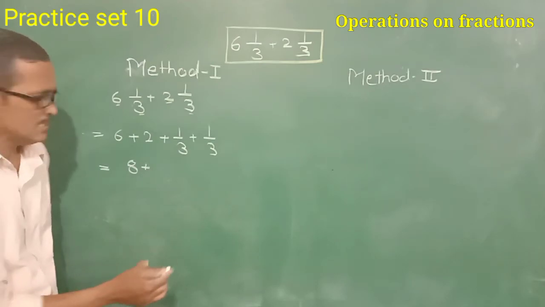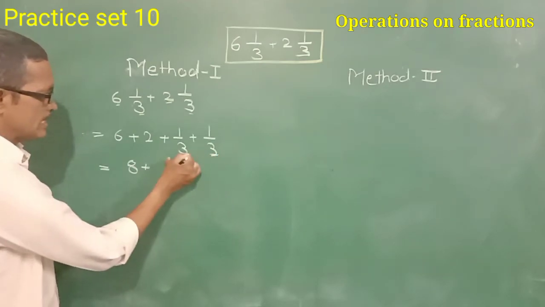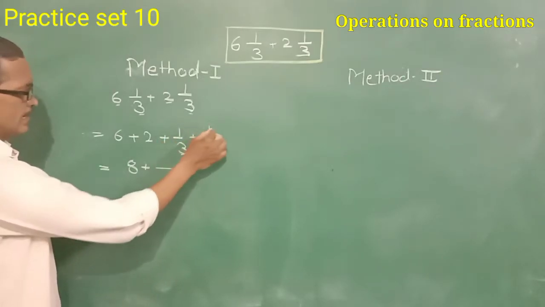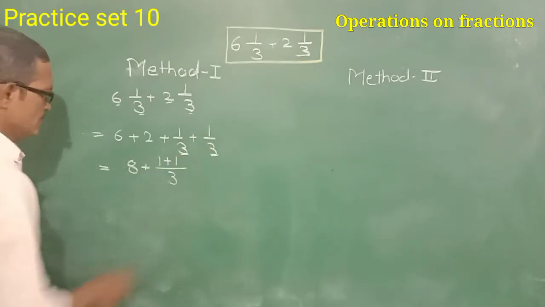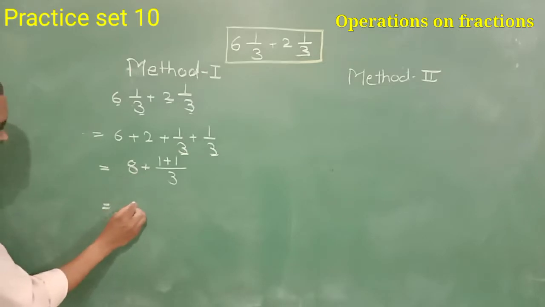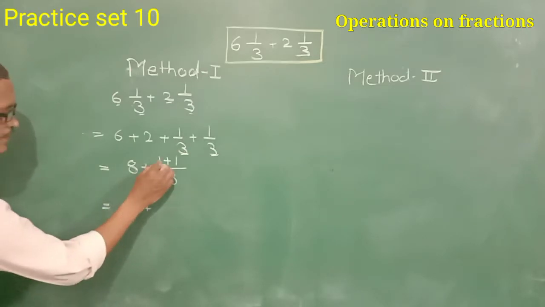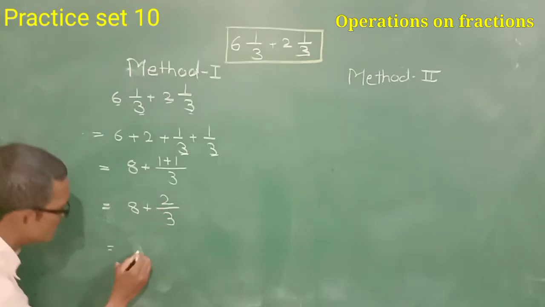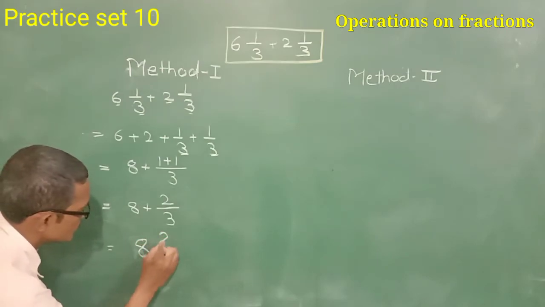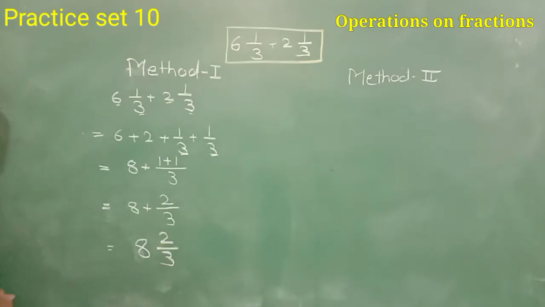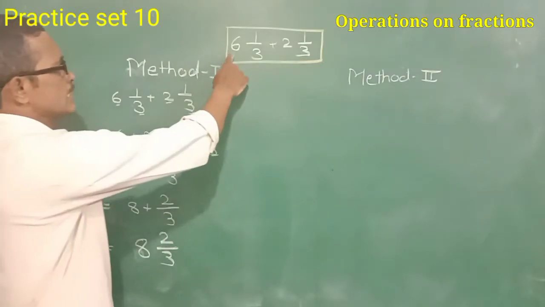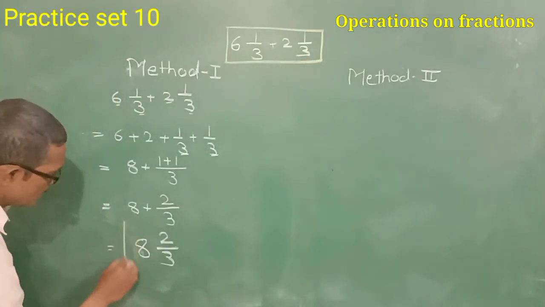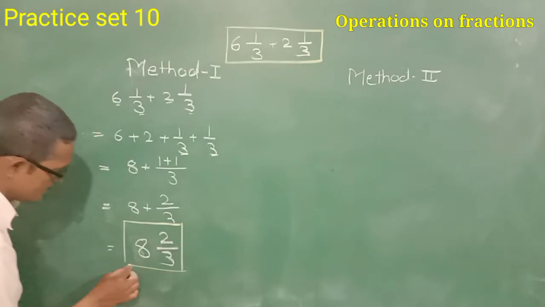Like fractions are the fractions which have the same denominators. So we write 3 in the denominator and add the numerators 1 plus 1. So we get 8 whole number plus 1 plus 1 is 2 upon 3, which is equal to 8 2 upon 3. So the addition of 6 integer 1 upon 3 plus 2 integer 1 upon 3 is 8 integer 2 upon 3.